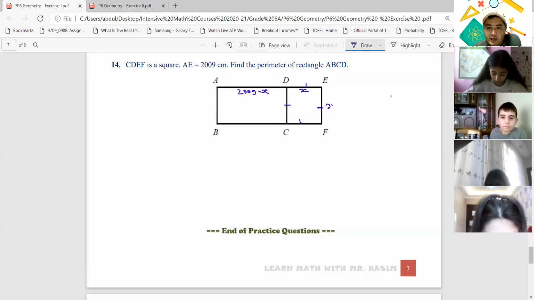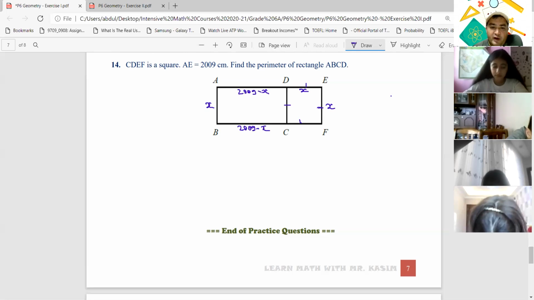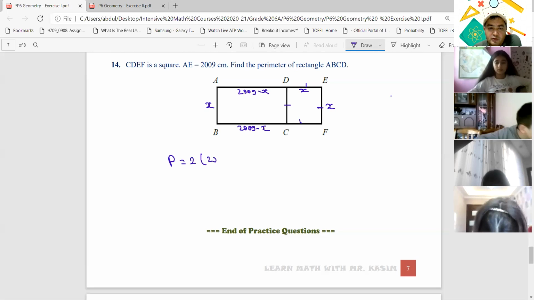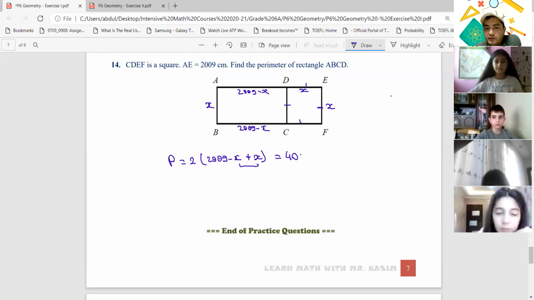And also this should be X. And also this is X. And this one is 2009 minus X. And to find the perimeter of the rectangle, 2 times length, that is 2009 minus X, plus width, it is equal to X. Minus X plus X is equal to 0, so that's equal to 4,018 centimeters.